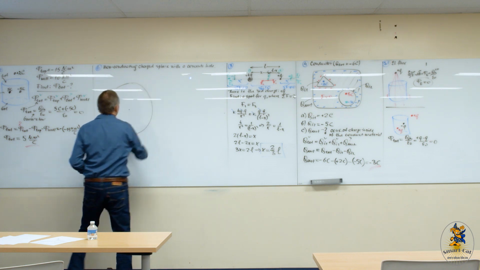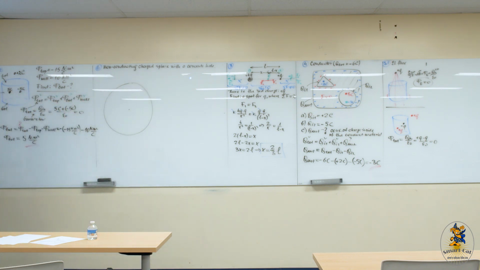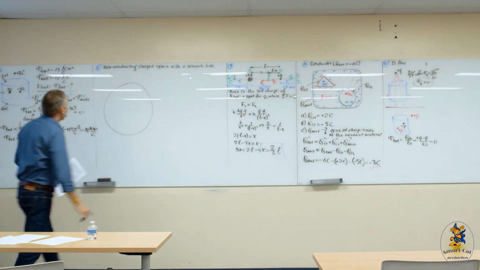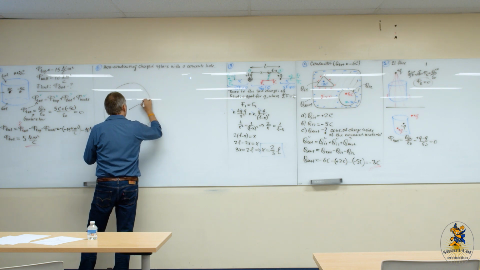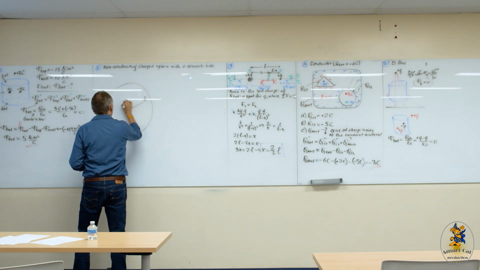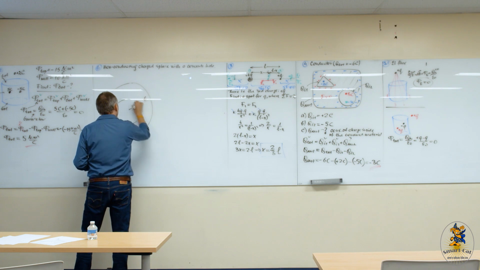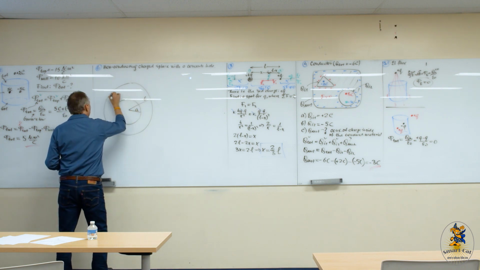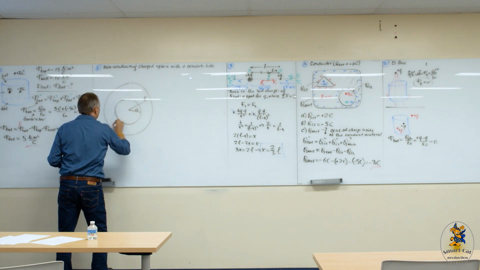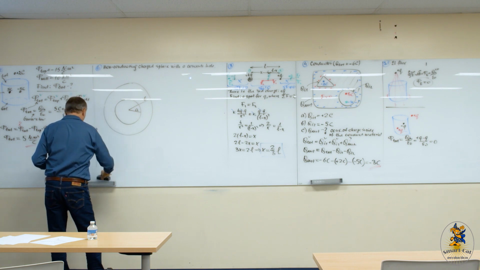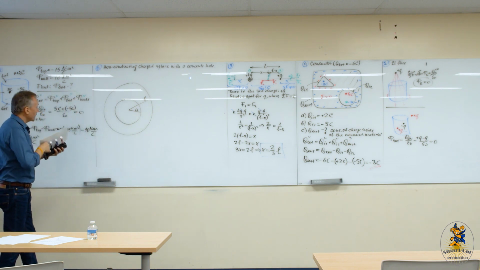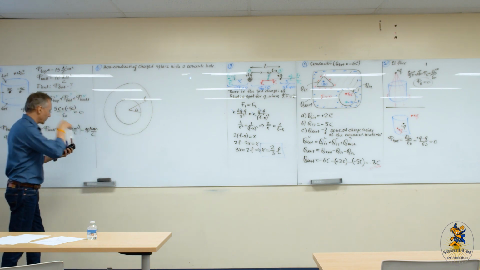Still distorted. Good. So radius B, then hole radius A. Right. So non-conducting material is this. You know what? I will just draw a bunch of charges. I don't want to draw this highlight. Okay, good enough.